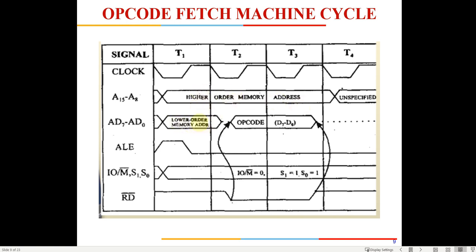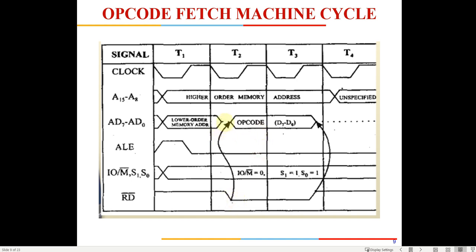This address is taken from the IP register, and then the ALE goes high so that the address is latched, so that the same bus lines can be used for data transfer also. So you have the ALE line going high for some time in the first clock, right? In the next clock, at the negative edge of the clock, the read signal goes low, so that we are going to read the data now.